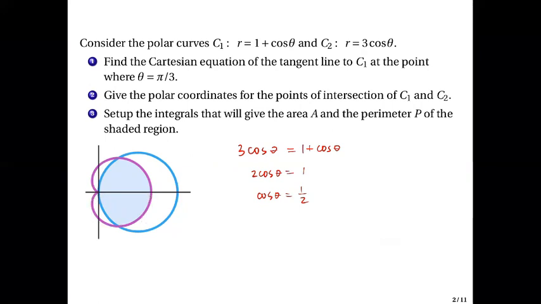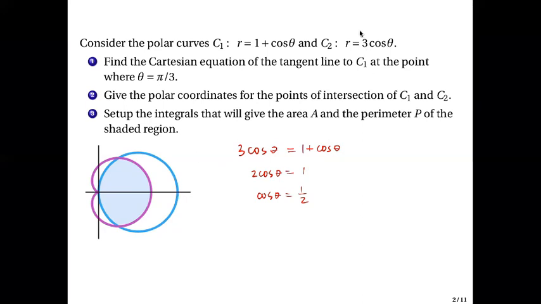On the other hand, for the circle, r equals 3 cosine theta, you only need the interval 0 to pi in order to draw this circle once. And you can check that easily. So when theta equals 0, r equals 3, so it's this point.